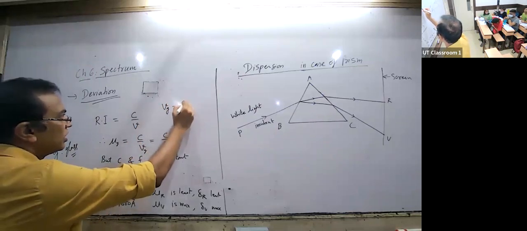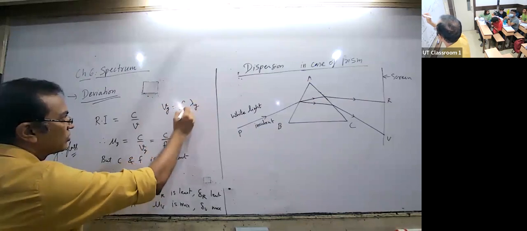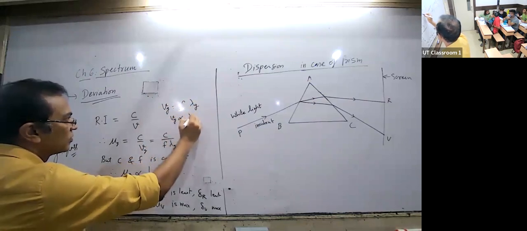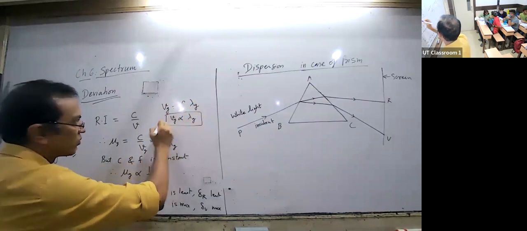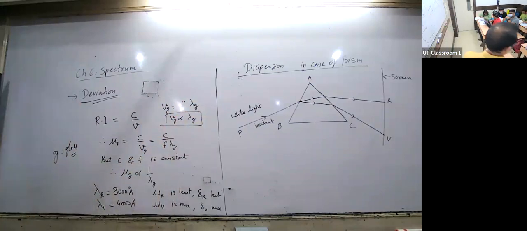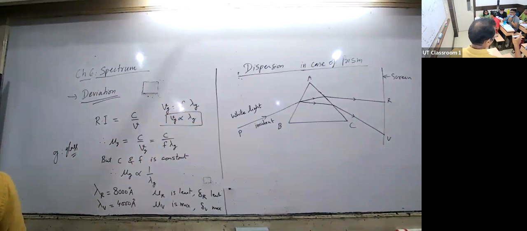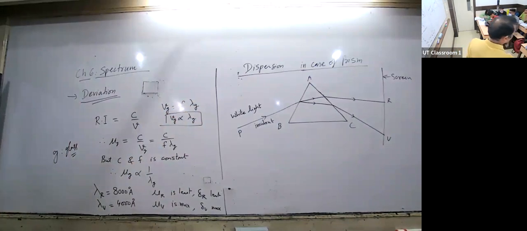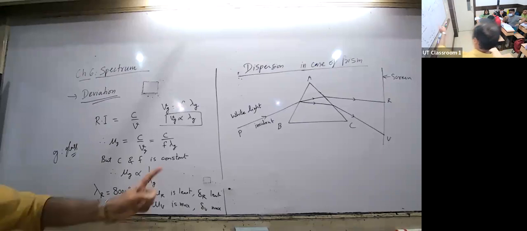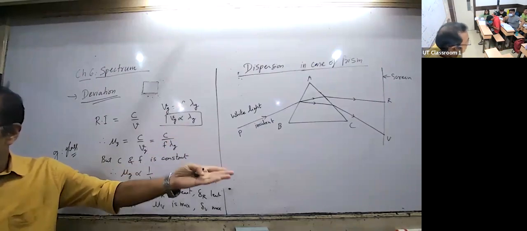Vg is equal to f lambda g, so f is constant. भाई relation change हो रहा है. Wavelength means distance traveled in one time period. जिसकी wavelength ज़्यादा होगी, one time period में वो ज़्यादा distance cover करेगा ना. So red will travel the fastest because इसकी wavelength ज़्यादा है.